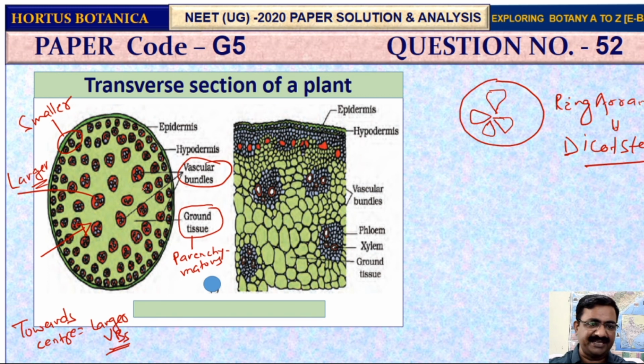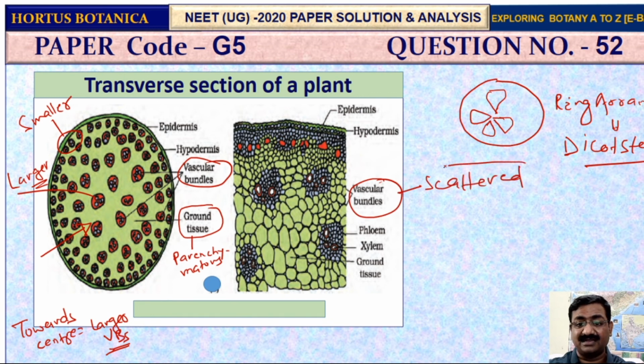But you are finding here these vascular bundles are completely scattered. See how these vascular bundles are scattered, and these scattered vascular bundles are not in a ring, which means they are not dicot. Again, this points out that this stem is not dicot, rather monocot.